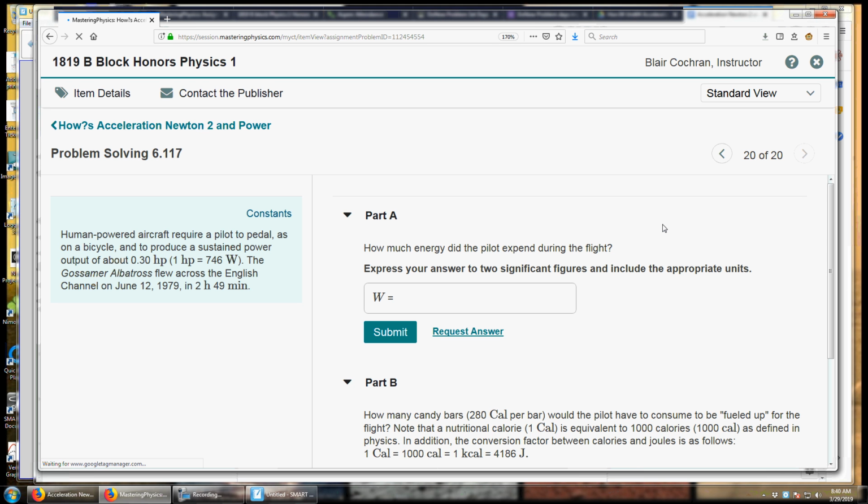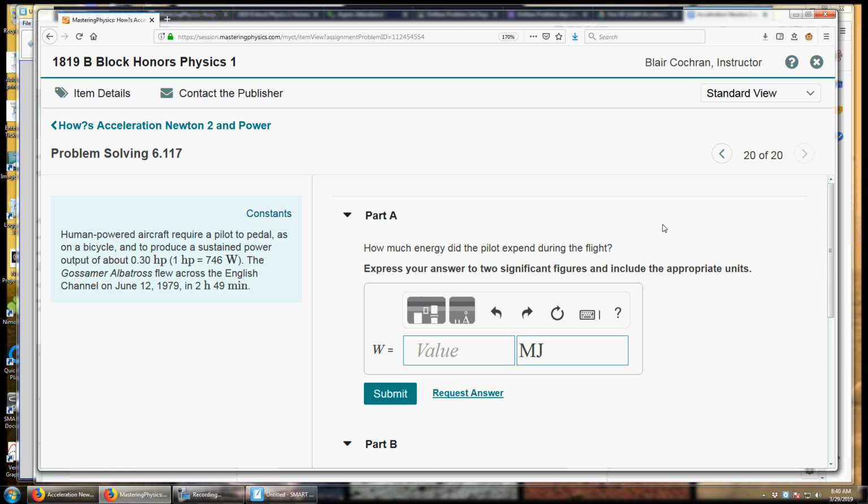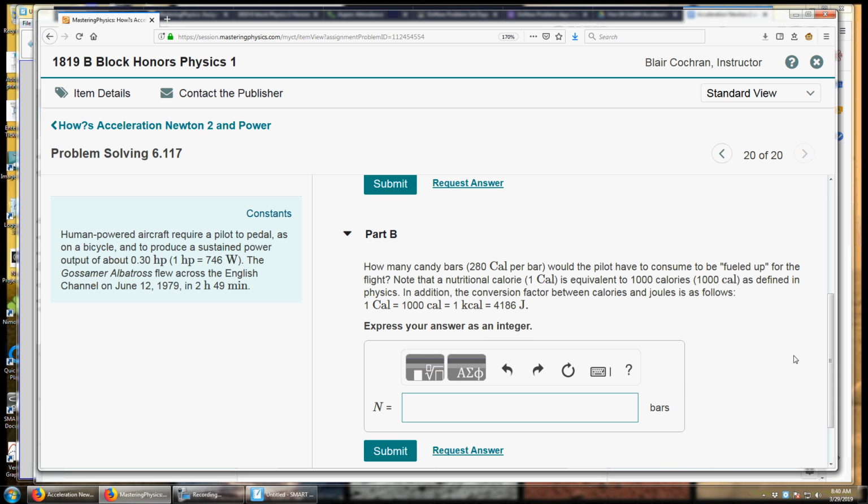So we've got this human-powered aircraft that produced a power output of about 0.3 horsepower, 746 watts. How much energy did the pilot spend during the flight? And how many candy bars would the pilot have to consume to do the flight?